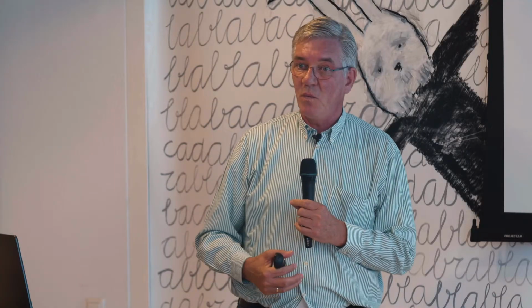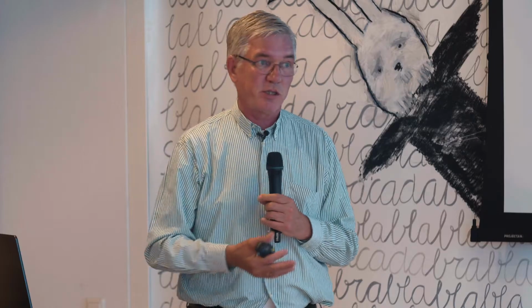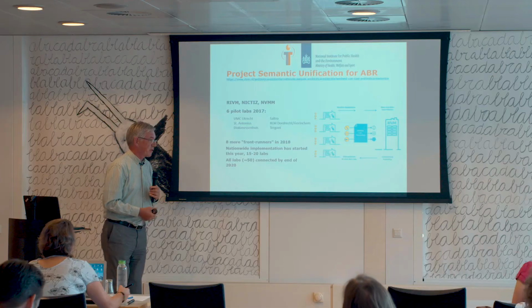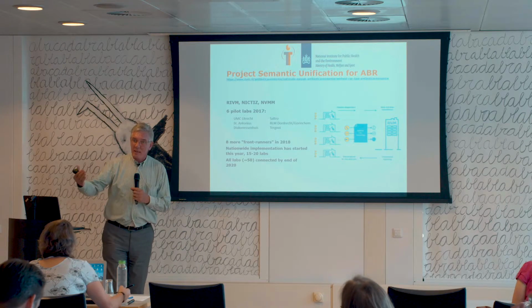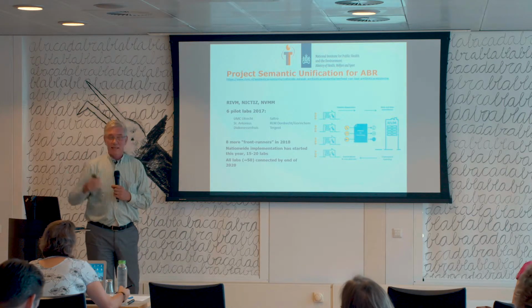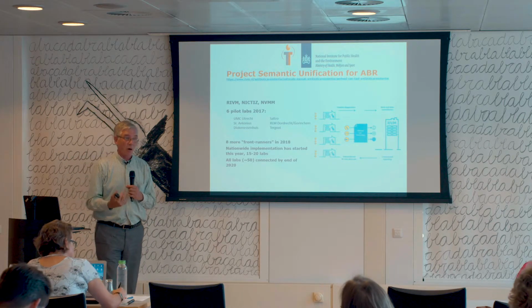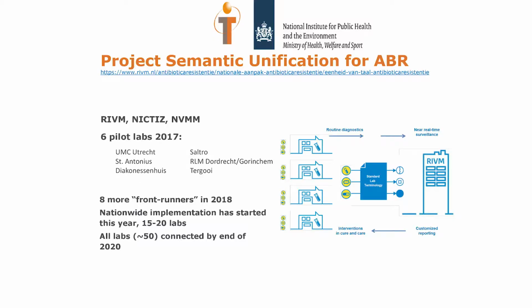So all the labs at the end of 2020, which is kind of when your projects are starting, will at least have started participating in the national surveillance based on one national lab code set for antibiotic resistance. So that's something that you can use.